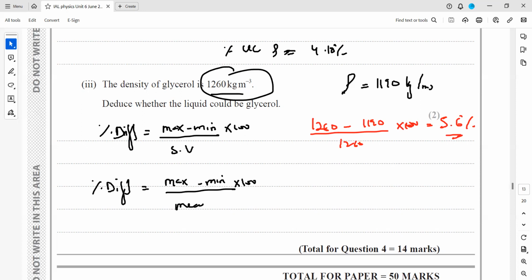So the percentage difference is 5.6%, and the percentage uncertainty, which we calculated in the previous part for the density, was 4.18%. So the percentage difference is higher. If the percentage difference is higher, then the two values are not equal, or the liquid may not be glycerol.